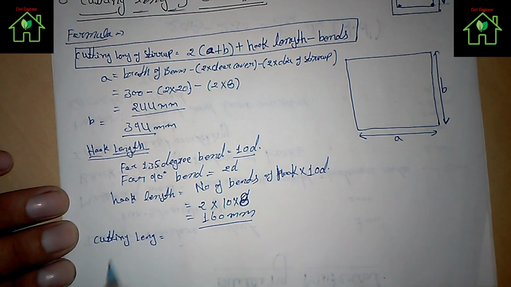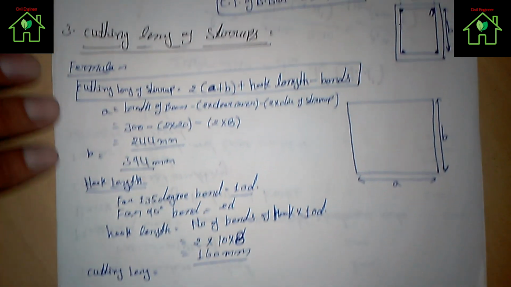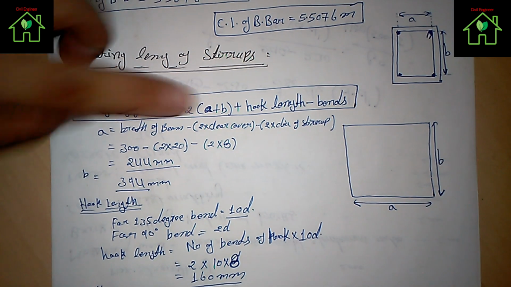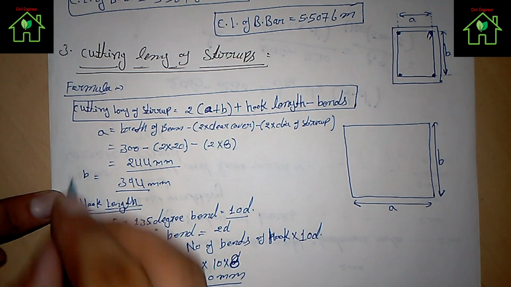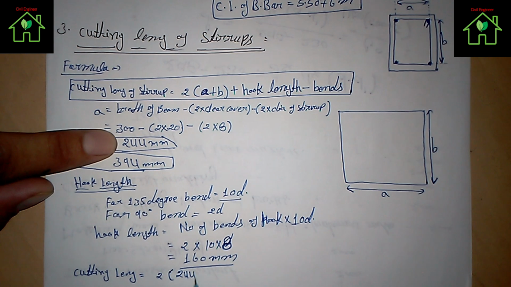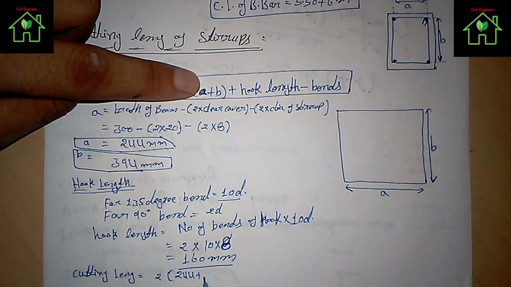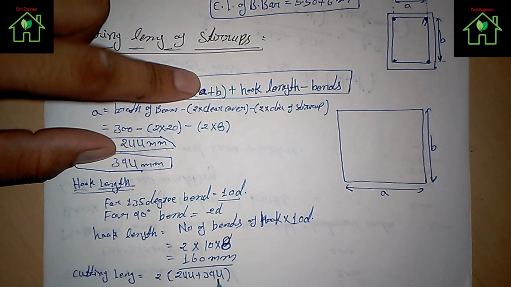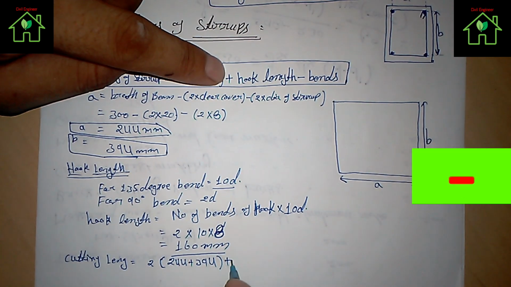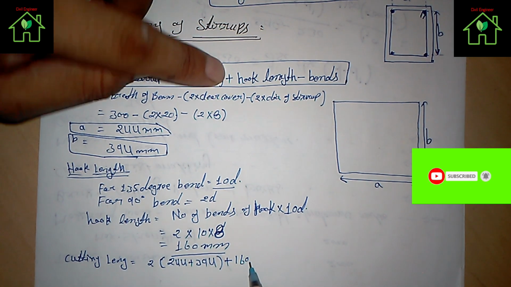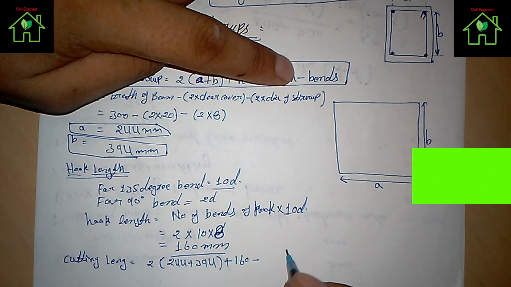So cutting length is 2 times A's value 244 plus B's value 394 plus hook length 160 mm minus bends.